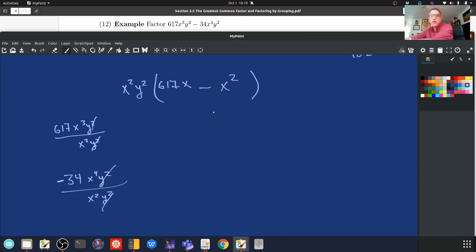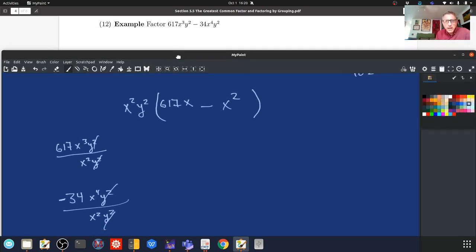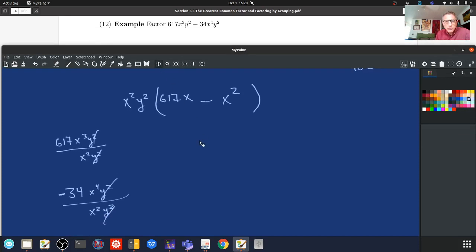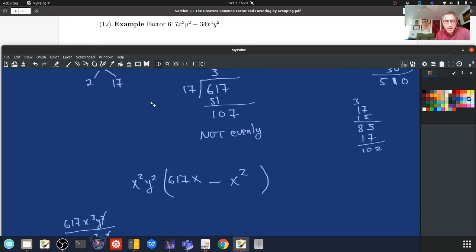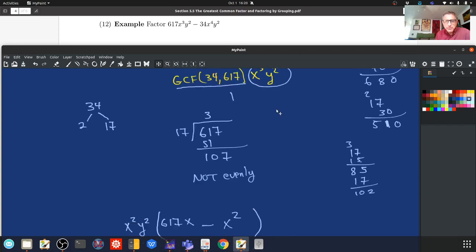x squared y squared, 617x minus, that can't be right. I did something wrong, because I can still factor out an x. X cubed. Did I write something there? Notice how I just caught my mistake. Oh, yeah.